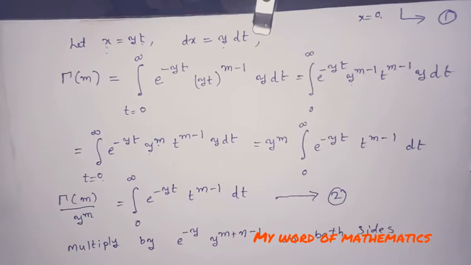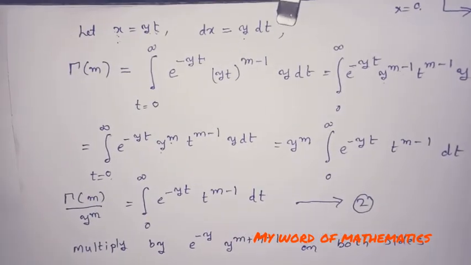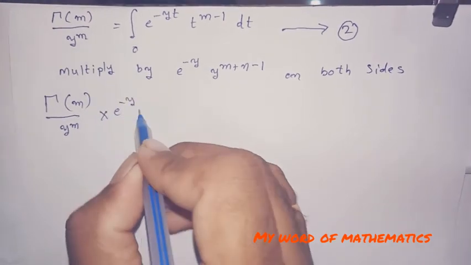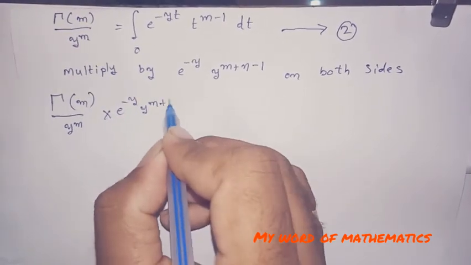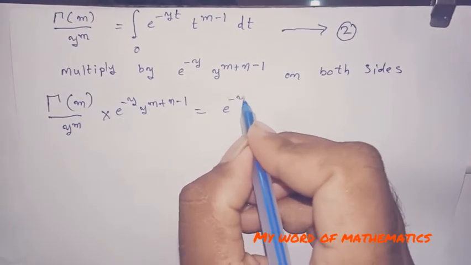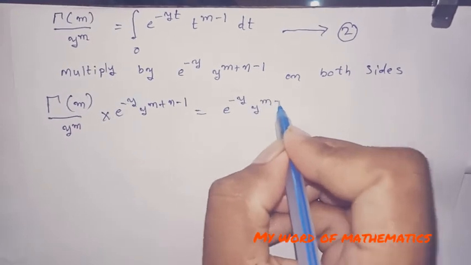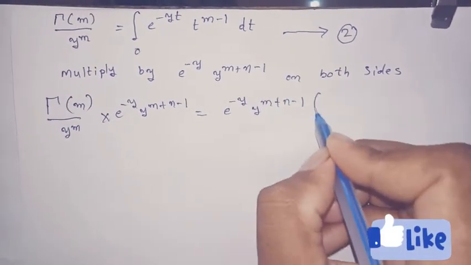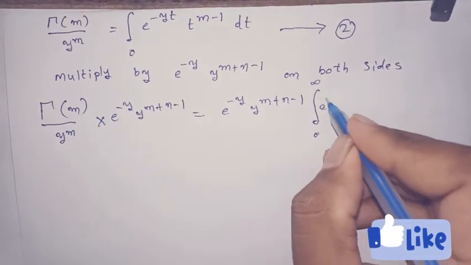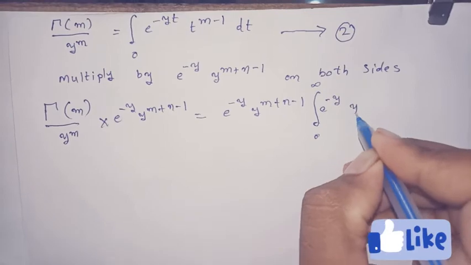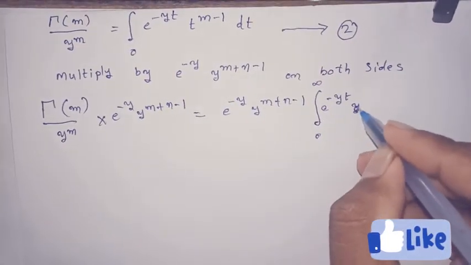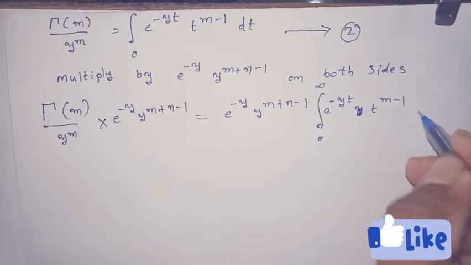Then we will get gamma of m by y power of m into e power of minus y, y power of m plus n minus 1 is equal to e power of minus y, y power of m plus n minus 1 into the integral with the limit 0 to infinity e power of minus yt, t power of m minus 1 dt.